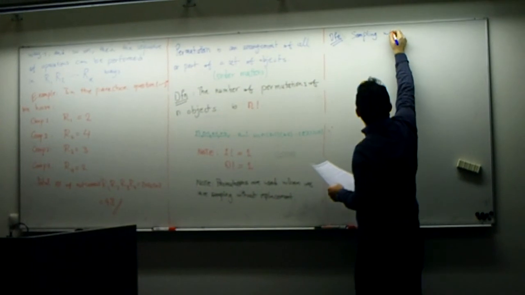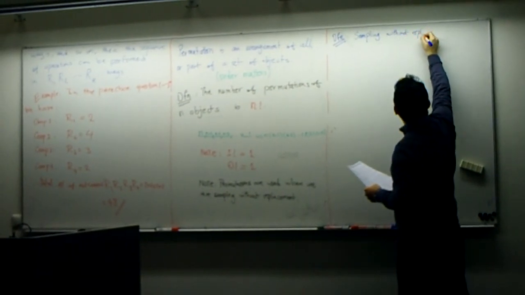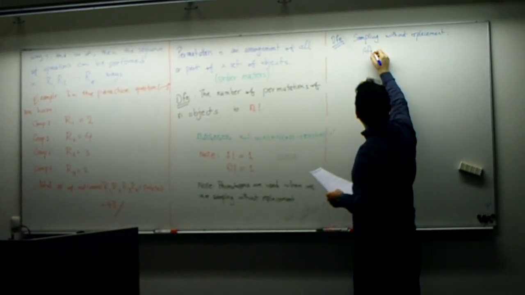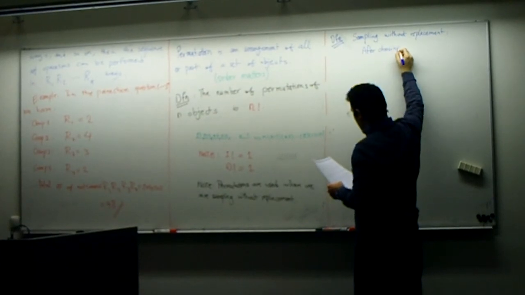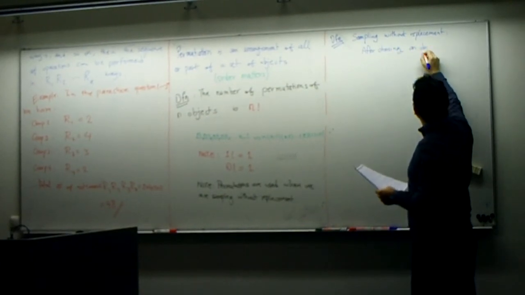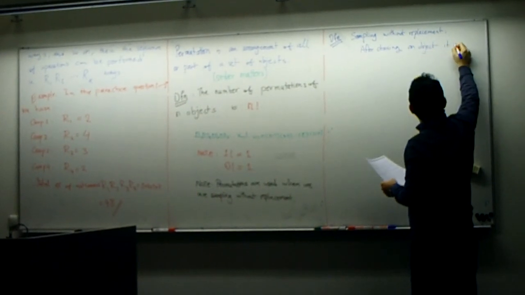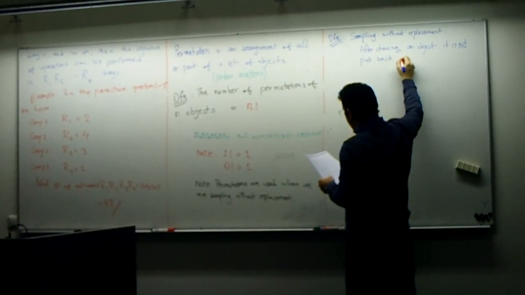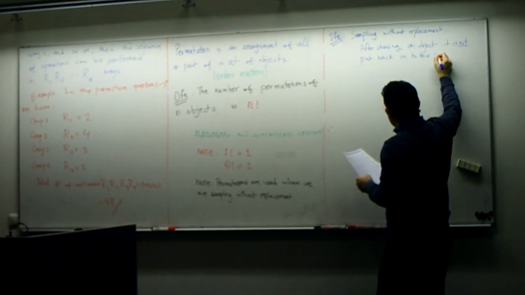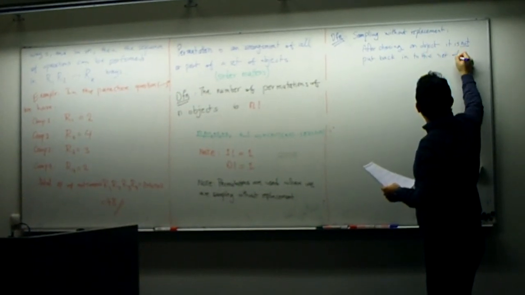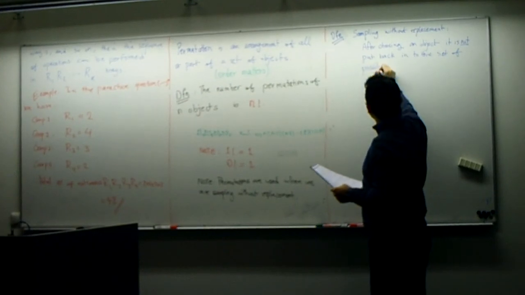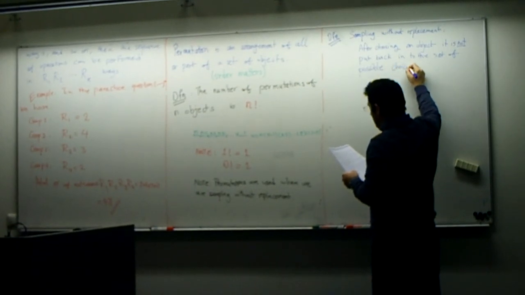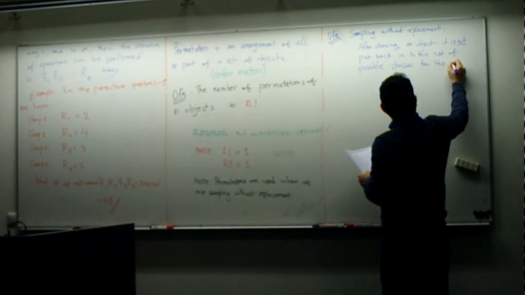Sampling without replacement means after choosing an object, it is not put back into the set of possible choices for the next round.